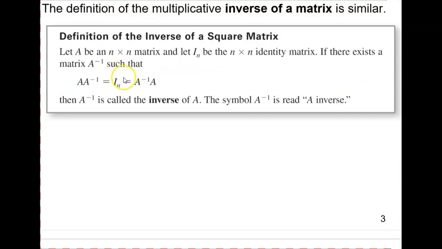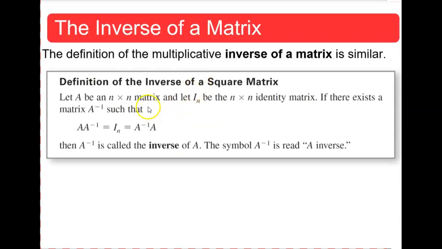So we have here one of the properties that we already went over. If you multiply a matrix times its own inverse, you will obtain the identity matrix.